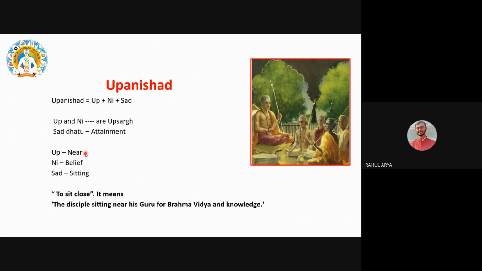Near whom? The devotee, the student who is getting the knowledge, goes to the gurukula, near to the guru, believing with full trust, Shraddha. In the Bhagavad Gita also, Krishna says, Shraddhavan labhate jnanam: a person can get knowledge only if he has trust.